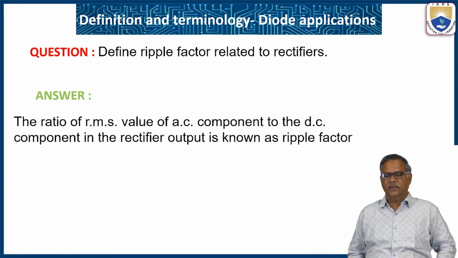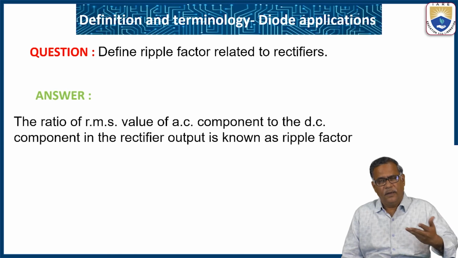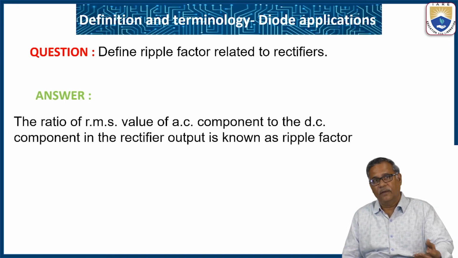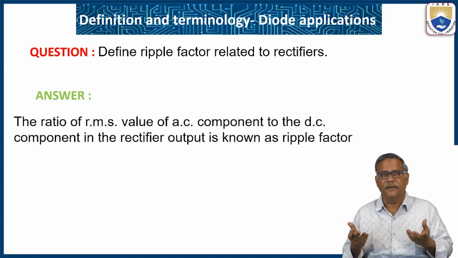Define ripple factor related to rectifiers. It is defined as the ratio of RMS AC component to the DC component in the rectifier, and that is called the ripple factor. Ripple factor indicates the performance or the merit of the rectifier. If the value of ripple factor is more, that means the rectifier is inefficient.